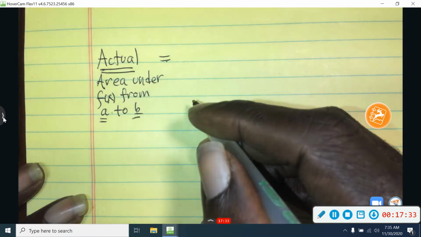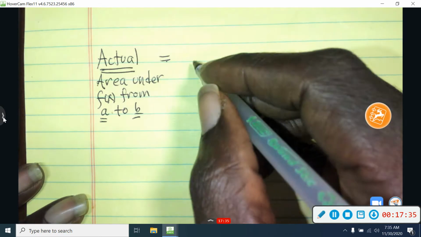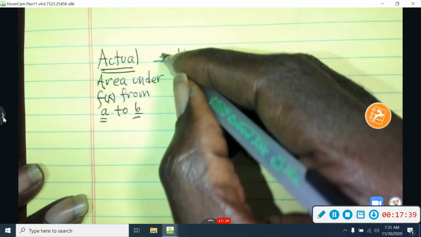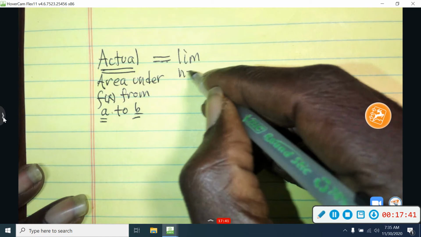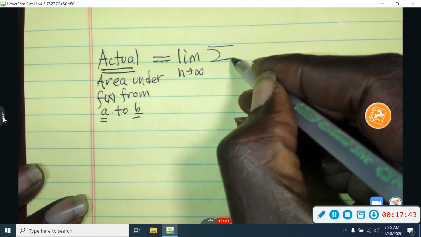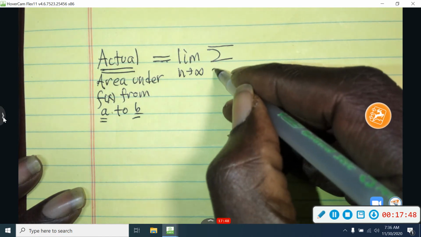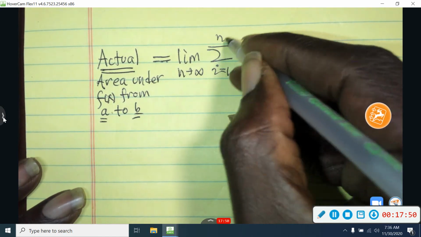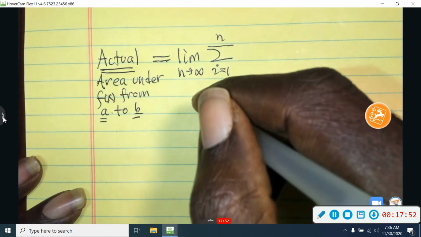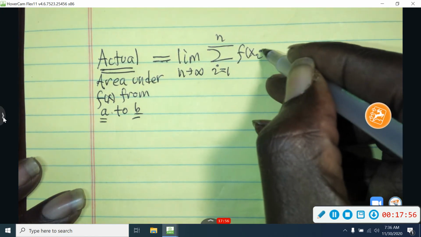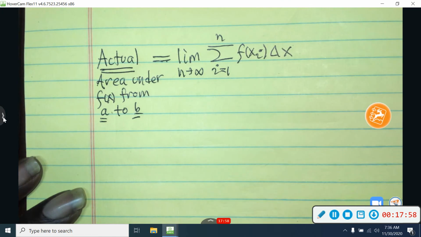So if you're using the rights, then it'd be a limit as n goes to infinity of that sum you wrote. So this is an equality, baby. Remember, on the right, i would go from 1 to n of f of xi times the change in x.